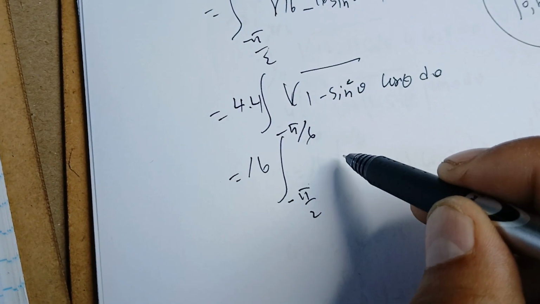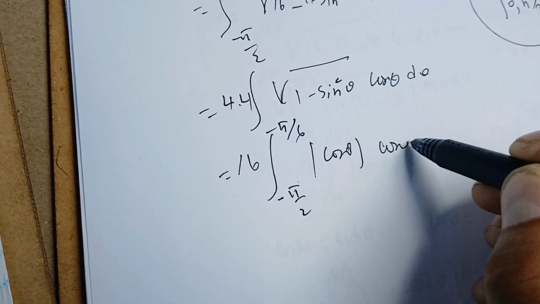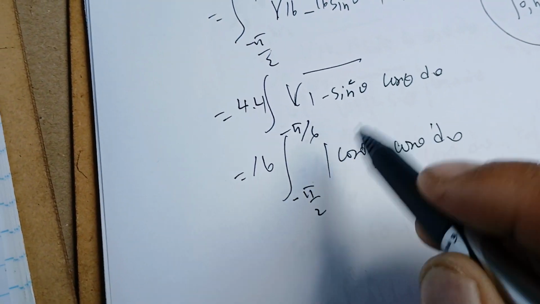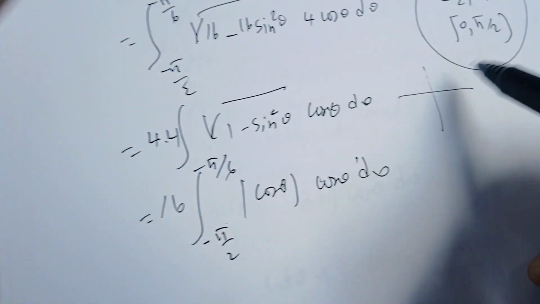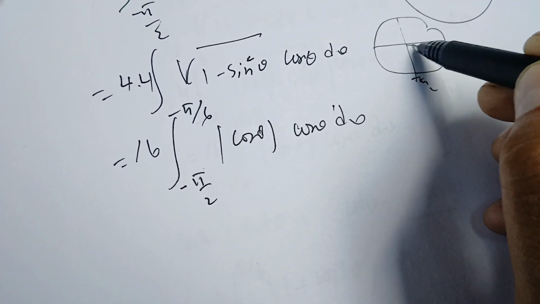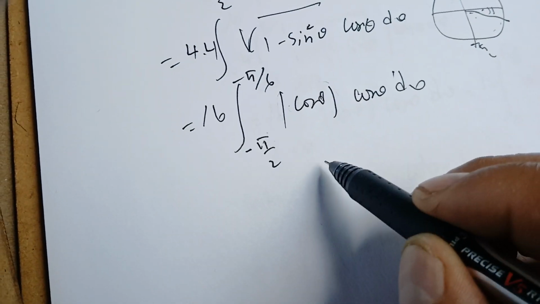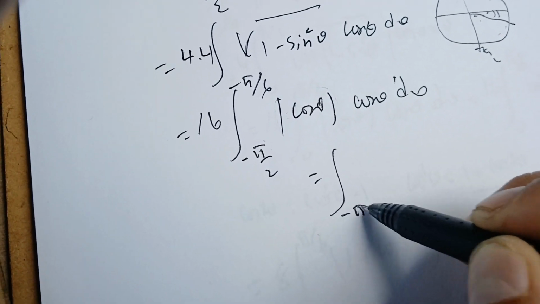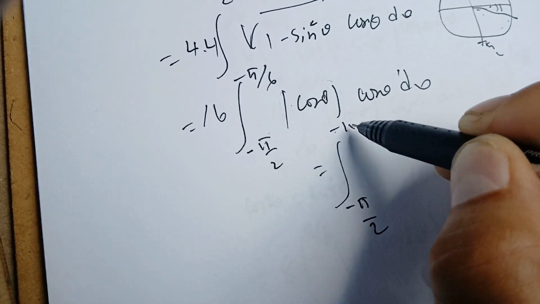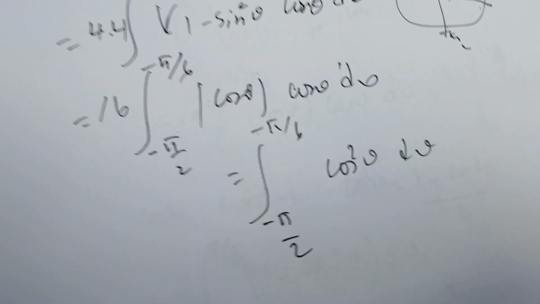Okay, and cosine theta in absolute value. But since the cosine theta is between minus pi over 2 and minus pi over 6, the cosine is positive, so we get rid of this absolute value sign. So we have the integral from minus pi over 2 to minus pi over 6 of cosine squared of theta d theta.